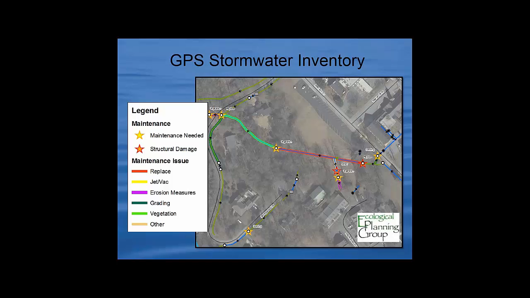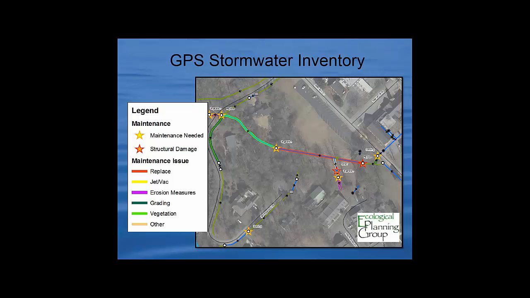So what we did was contract, again funded in part through a Clean Water Act 319 grant through US EPA and administered by the Georgia Environmental Protection Division of the Department of Natural Resources, with Ecological Planning Group to come in and do a GPS stormwater inventory. This is just one screenshot that shows some of the maintenance needs and structural damages and some recommendations for maintenance.